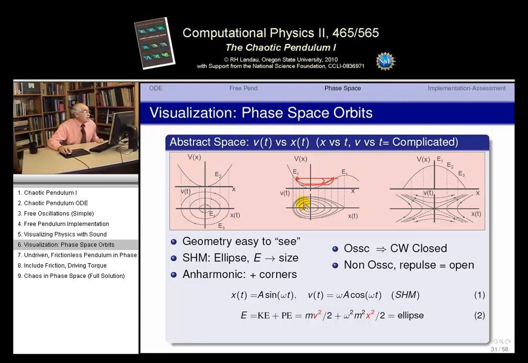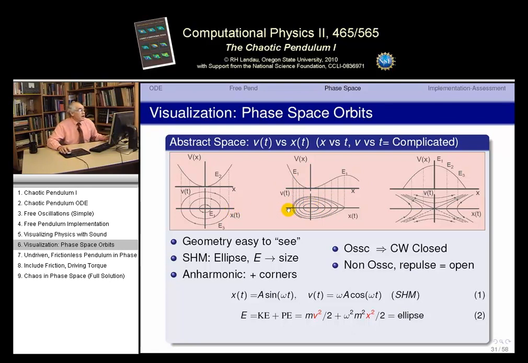Okay, so it's starting here on this ellipse. It's moving around, coming back here. Okay, it's going around the ellipse again in this closed clockwise direction, but the figure is still closed.